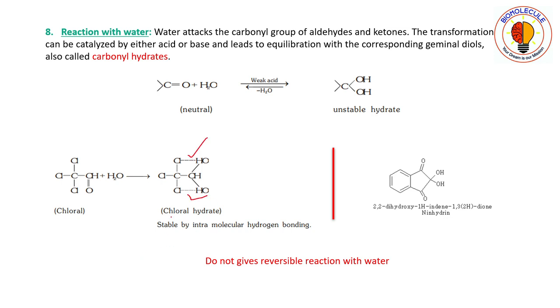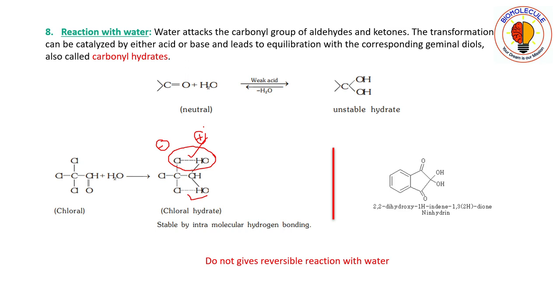So this hydrogen bond is within the molecule. Okay, see here, this negative center and this positive center, these two centers are within the molecule. So this hydrogen bonding is known as intramolecular hydrogen bonding.